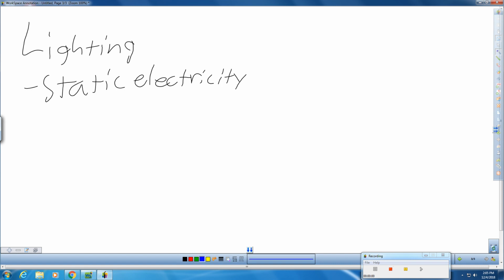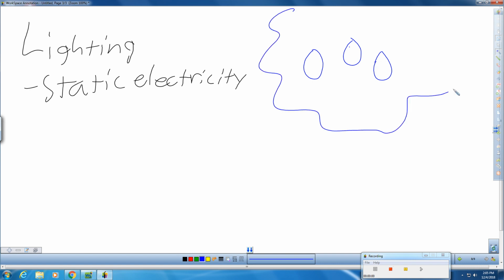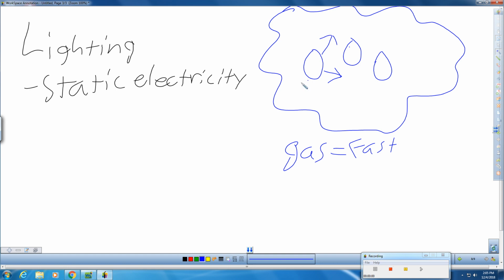Okay, so when you have all these raindrops in the sky, sometimes when they're in clouds, so we'll make this a cloud, these water particles are very, very fast, and that's because they're in a gaseous state. Gas generally has faster movement when it comes to molecules. So these little water molecules are jittering around in all kinds of directions.